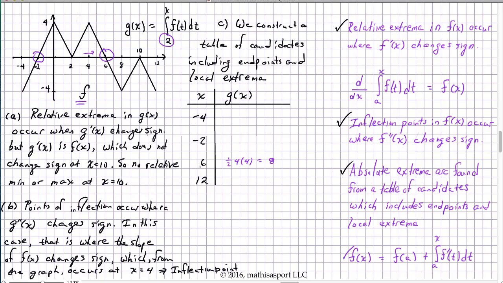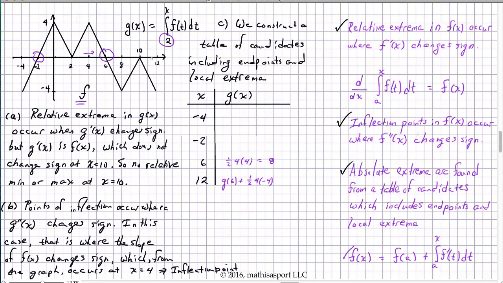Now let's extend that to go on to calculate what it is at 12. So the value at 12 is the value at 6 plus this value from 6 to 10. That's a triangle with area 1/2. The base is 4, but the height is -4. Okay, that takes us out to 10.